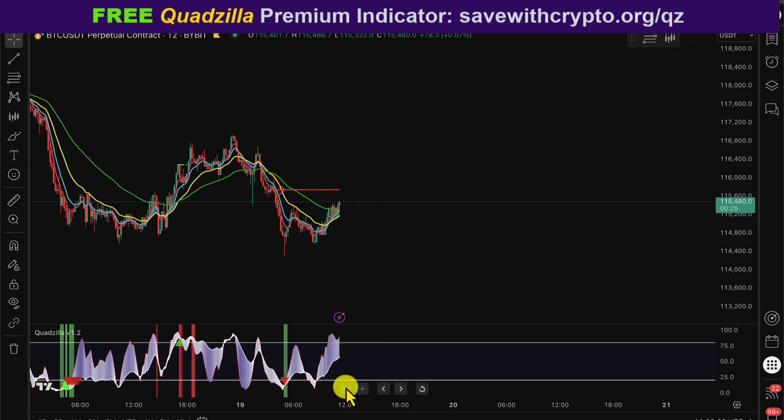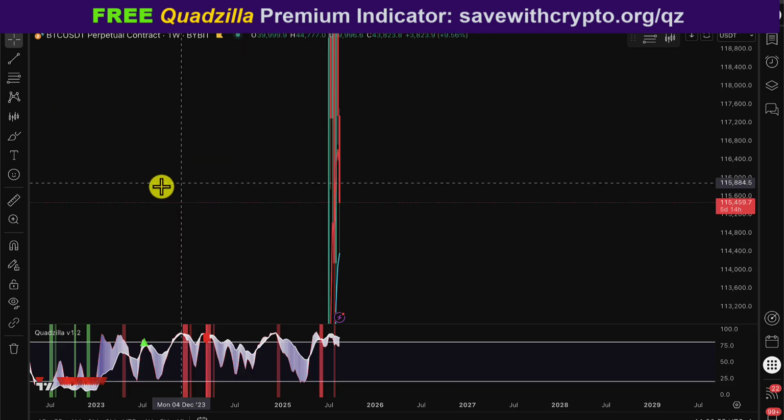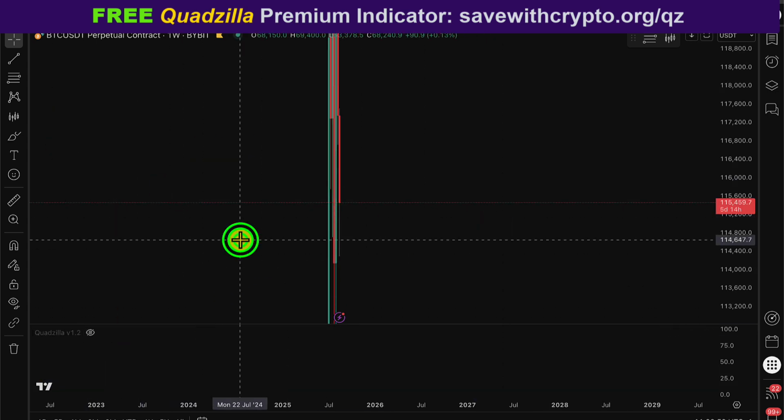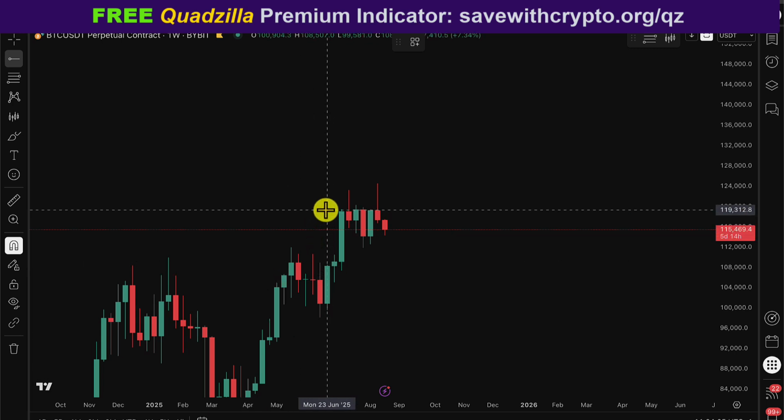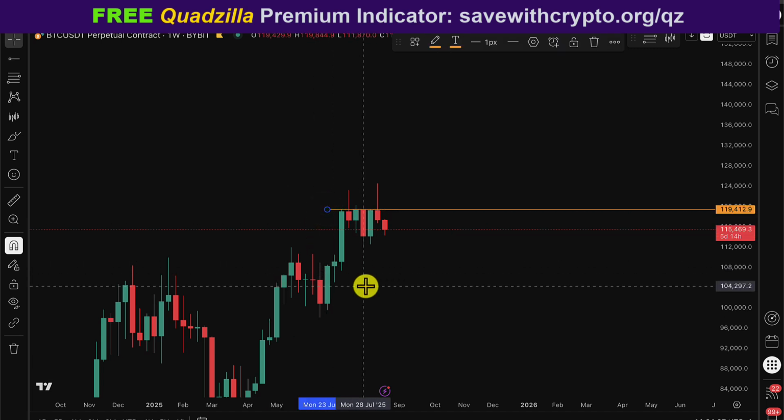I suspect when we get there, we'll probably get some red backgrounds like that, and it will start to pull back a little bit. But either way, I think the levels you probably want to be looking out for are ones you're probably going to see more on the weekly time frame. If we just turn Quadzilla off for a moment and just look for where the areas of interest are, obviously at the top side we had about 119,400.